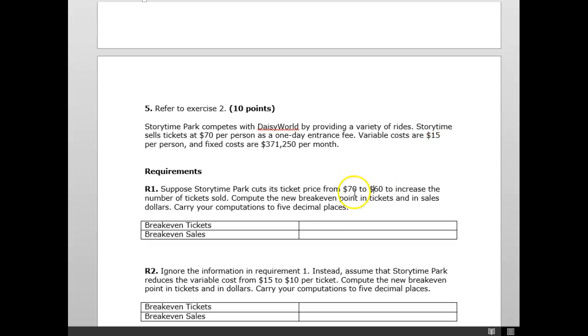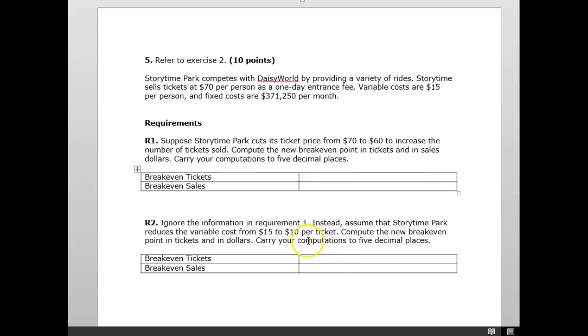So it's 45 divided into that $371,250 a month. And then that is multiplied times the $60 to get the break-even in sales.